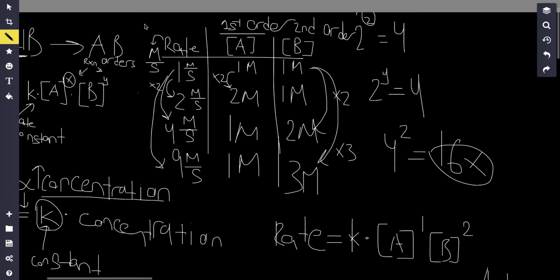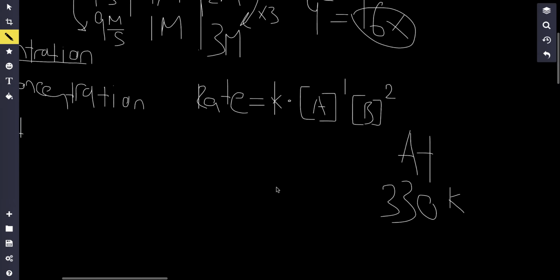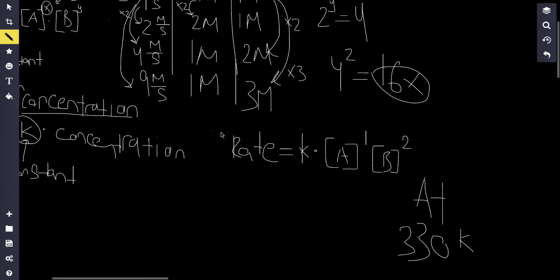I don't know what that constant is, I'm just making this up, let's say it's 330 degrees Kelvin. We're doing all our experiments at a constant temperature so that we don't get any sort of error in our results. We're only looking at how the change in concentration impacts our rate and not anything else like temperature.